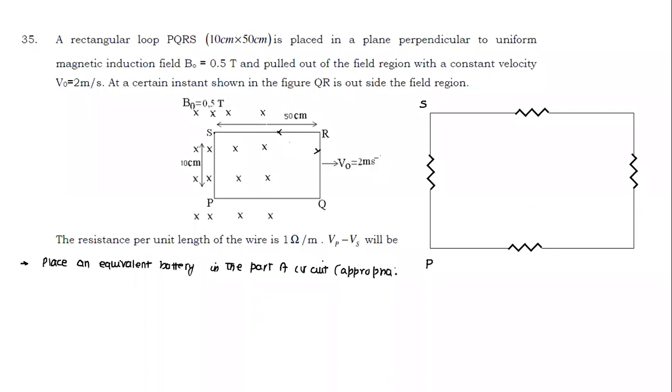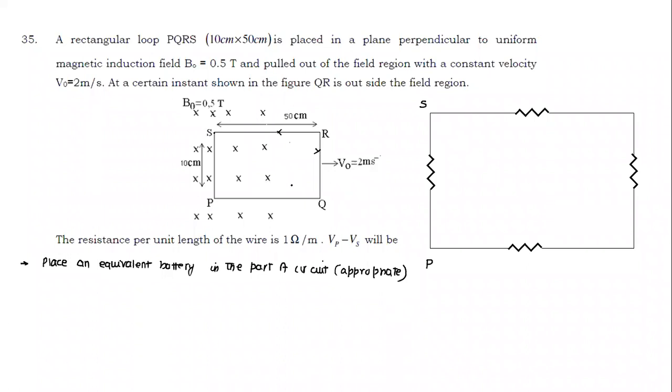Only the SP side. And what will be the direction of current here if it is being pulled out? Will the current be clockwise or anti-clockwise? Shreya, can you tell me the direction of current as it is being pulled out? Yes, sir. Clockwise. What is happening as we pull out? What is happening to flux? Increasing or decreasing?